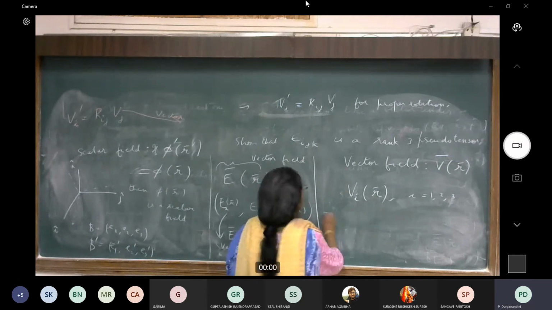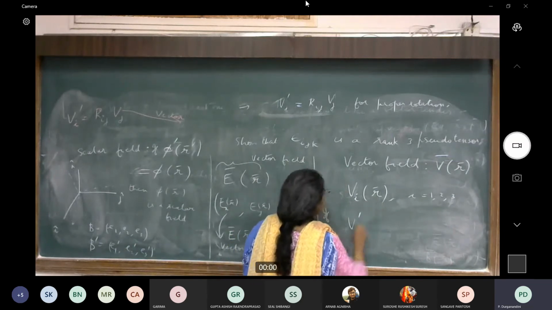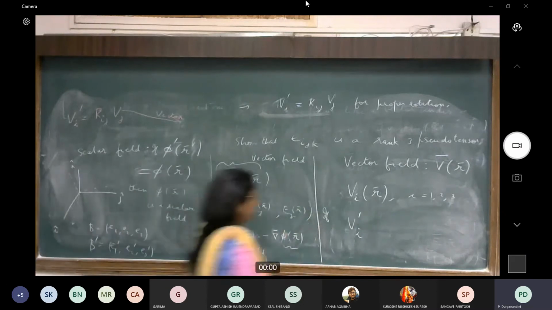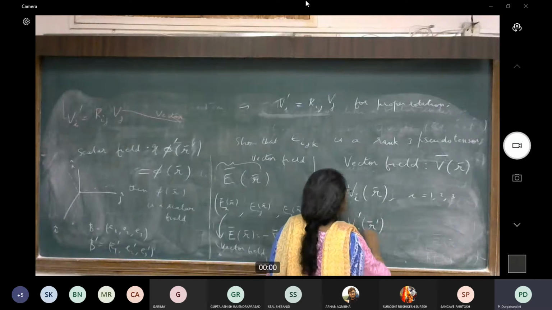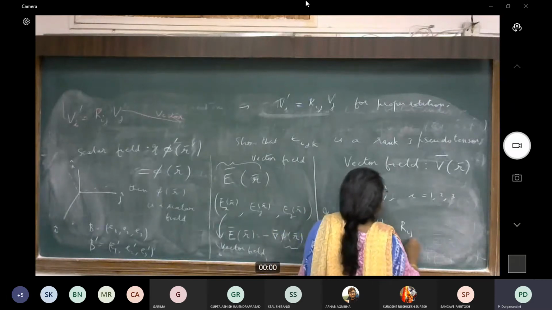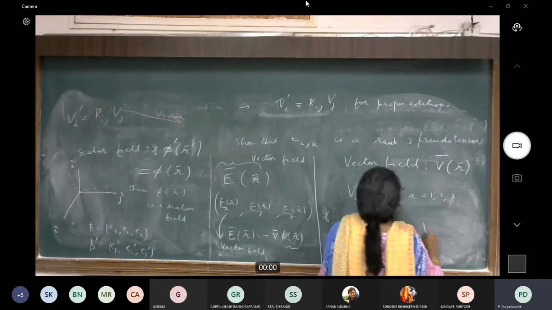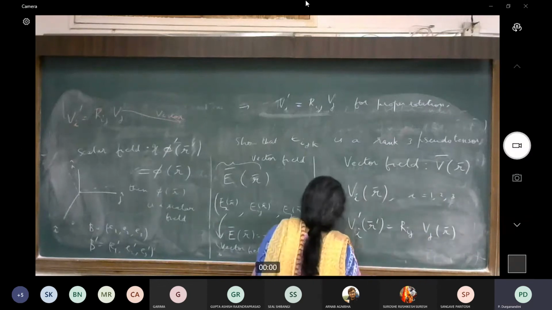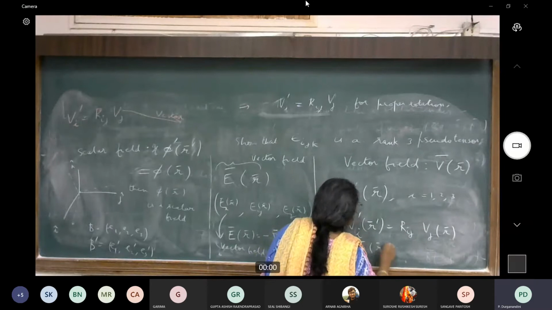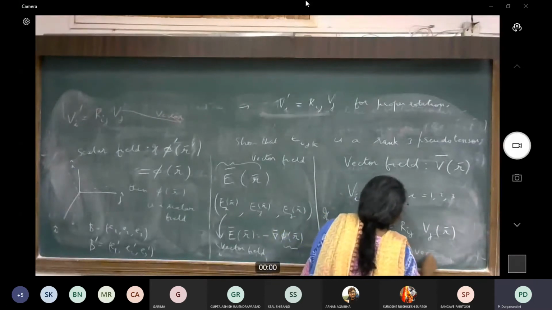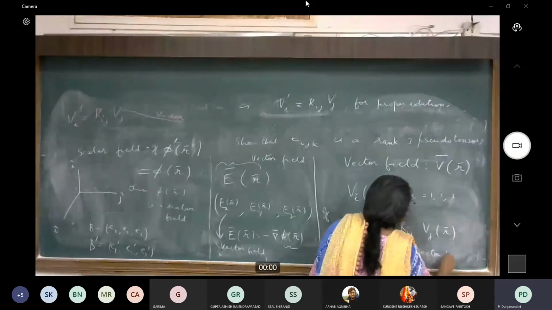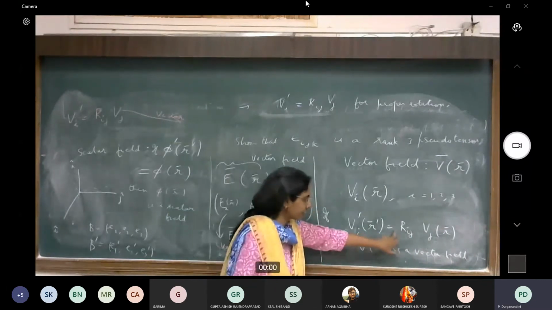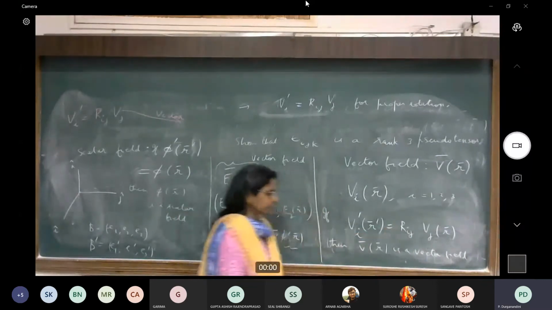And now the transformation properties: I've gone from basis B to basis B prime. If the transformation properties are like this, then V is called a vector. For now, I've restricted myself to proper rotations, so I'm not taking the determinants.